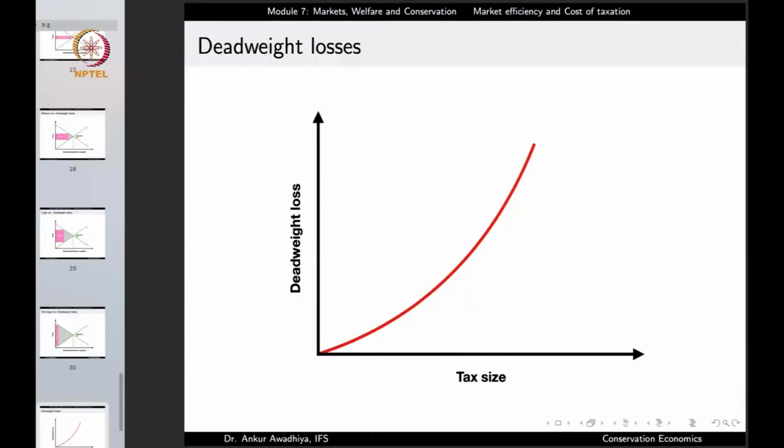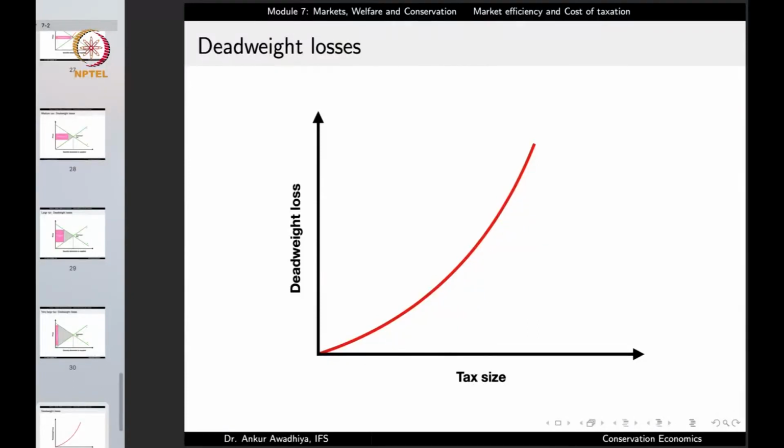And so we had seen earlier that when we are talking about planning, we should plan in such a way that the total surplus is maximized. But what we are observing here is that with the taxation, the total surplus reduces, and this reduction that accrues neither to the government nor to the producer or consumer is the deadweight loss.